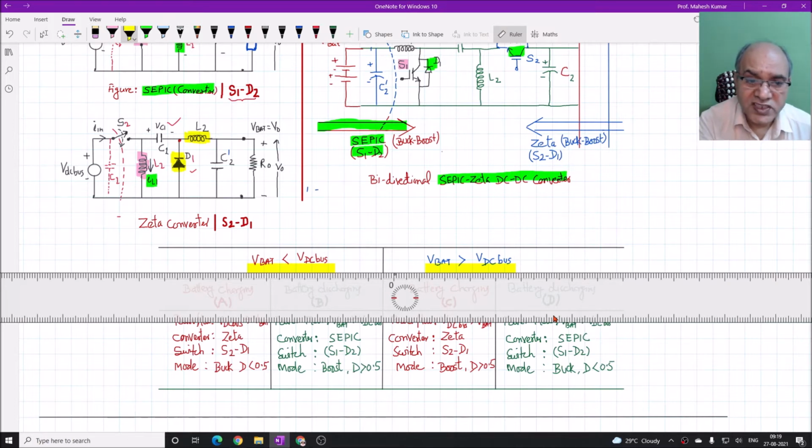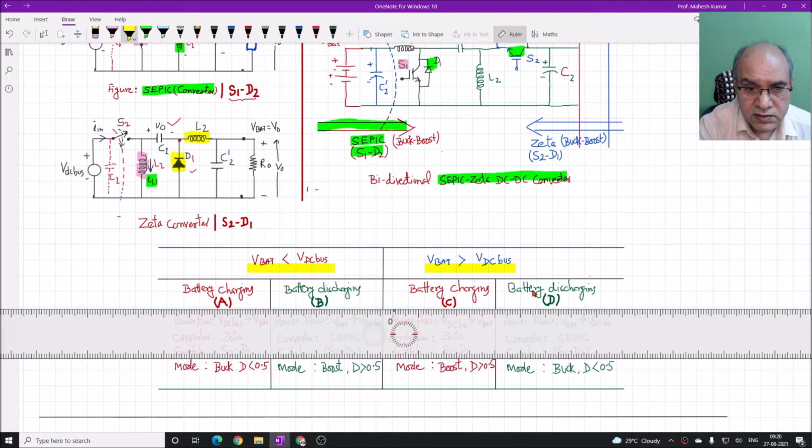Okay, so the first case is similar to the generic bidirectional DC to DC converter. Actually, the generic topology will also work with this, but then we have to make the buck on the battery side and boost on the receiver side, so that the circuit has to be interchanged, which is not practical in most field applications.